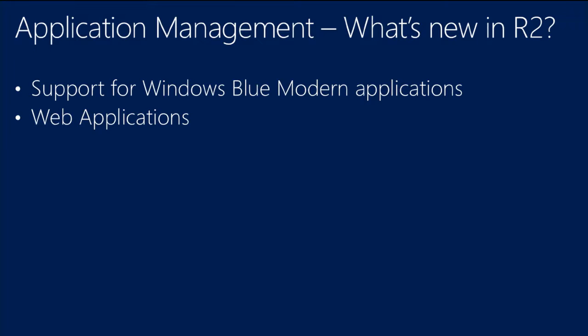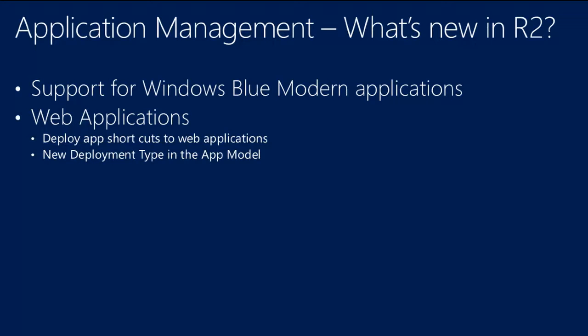It'll show up as an app shortcut with an icon, everything on a user's device. And it could be a PC device, it could be an iOS device, it could be an Android device. So essentially think of if you have an internal line of business app which you've written as a web application, an ASP application, or a Java application, doesn't matter. So we help you deploy that shortcut. And there's a new deployment type in the app model that I'll show you quickly.